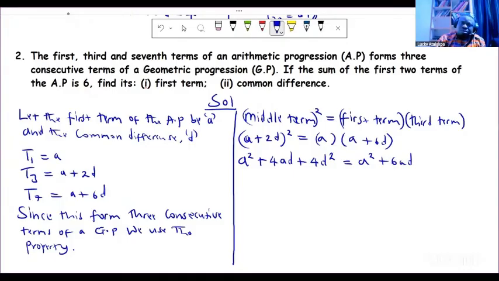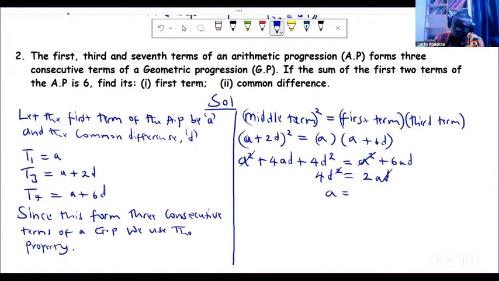Now, this will cancel this. So move 4AD here, you have 2AD equals 4D squared. See here, we cancel one of the D's. So 2 can go in 4 2 times, so A will now be 2D. Call this equation 1.